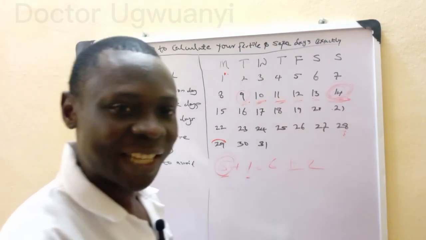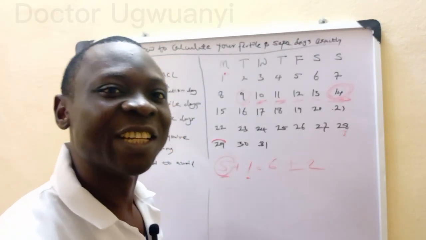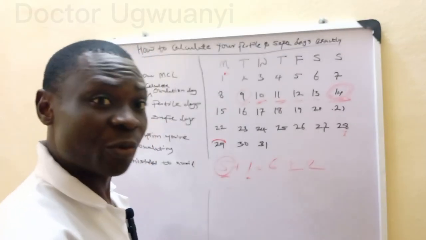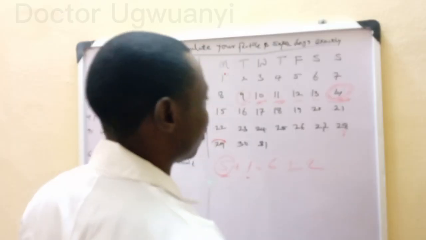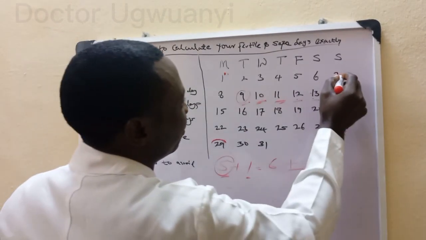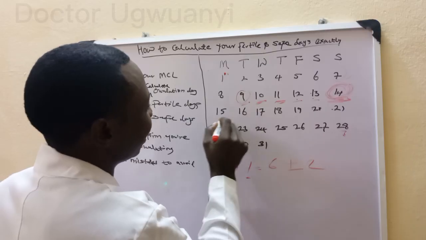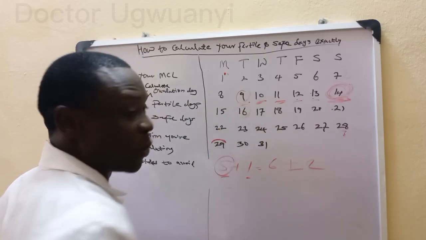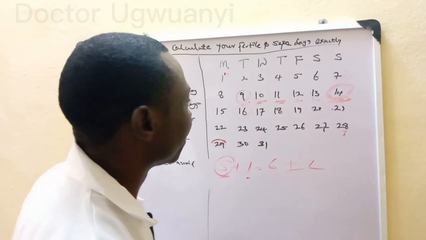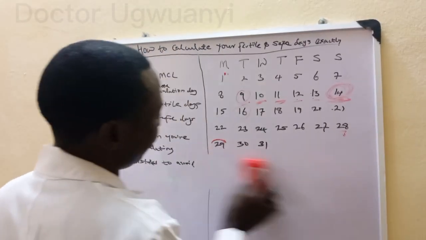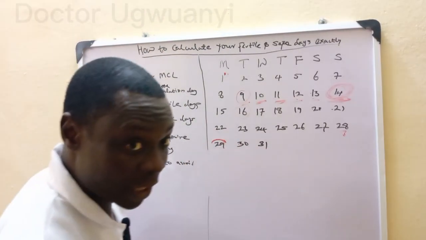For instance, stress, traveling or illness can alter your ovulation. So in order to be on the safer side, just add plus or minus 2. That is, from this 7, you add another 2 here, making it up to 16. So this is how you can calculate your fertile days.